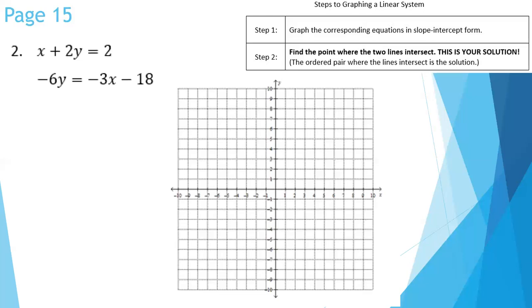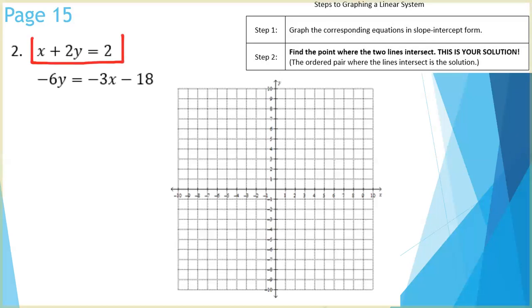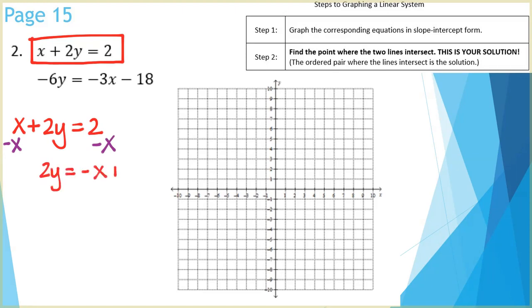So for our first equation, the first thing we want to do is put this in slope-intercept form. So I'm going to subtract x, and I am going to divide by 2. So we get y equals -1/2 x plus 1.